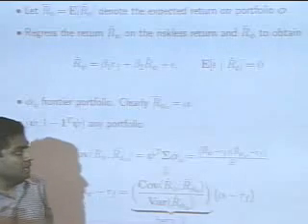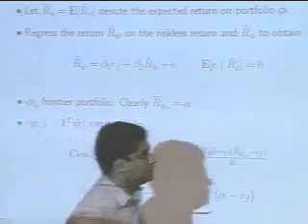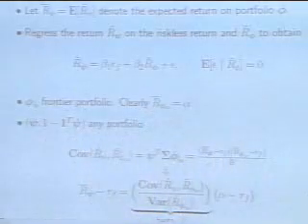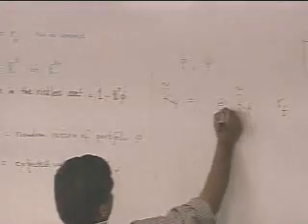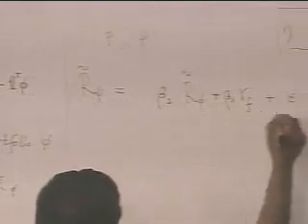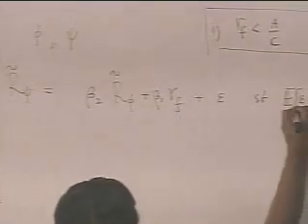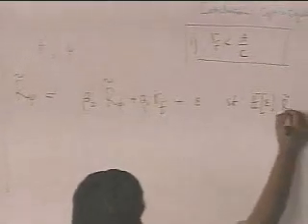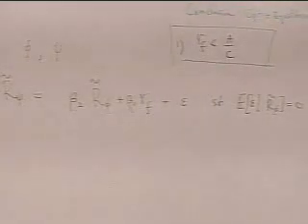I can do linear regression, and the linear regression would tell me that this can be written as some beta 2 plus beta 1 R tilde phi plus an epsilon, such that the conditional expectation of epsilon given R tilde phi is equal to 0. All I'm saying is do linear regression, and you end up getting that condition.